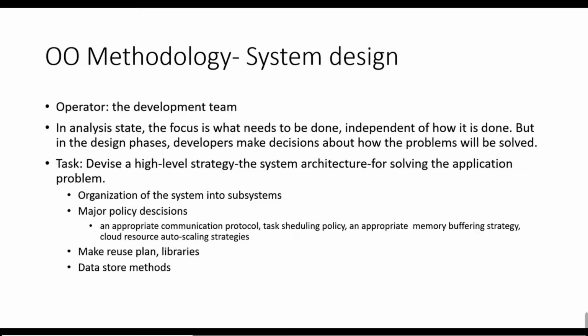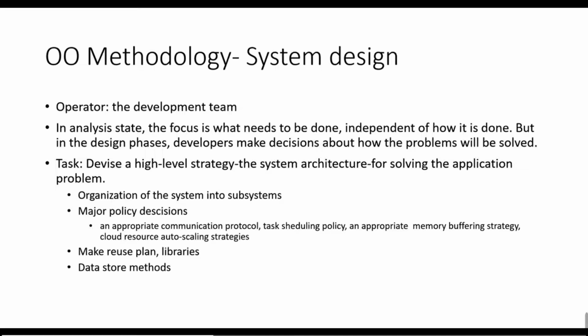For example, we may say that we need to rent more machines when the workload is high, and release the resources when the workload decreases. And we also need to make some reuse plan. For example, to add some common libraries that implement some common functions, and they will be reused by different components.